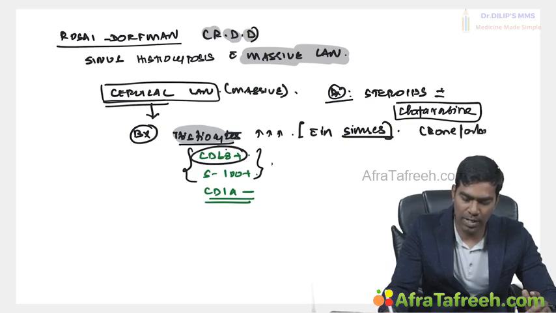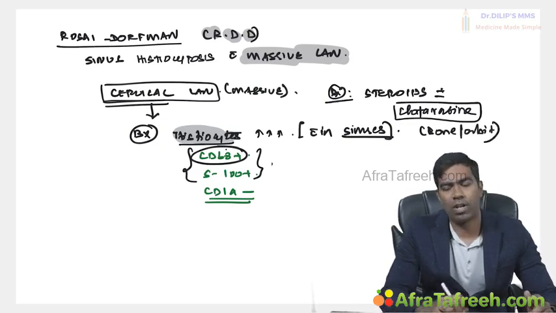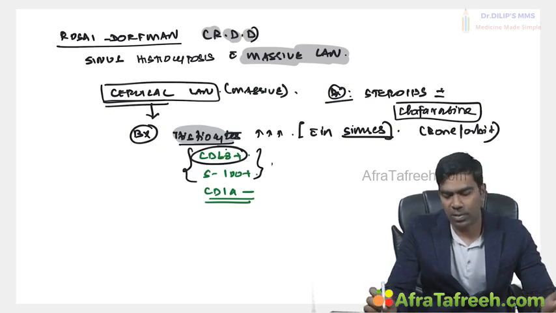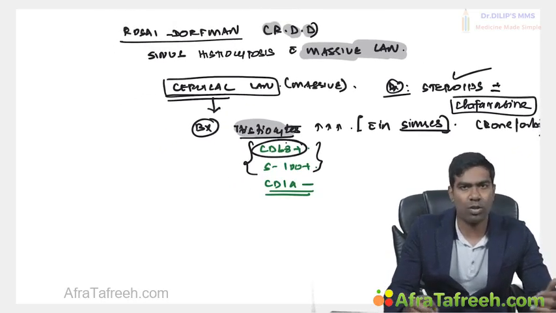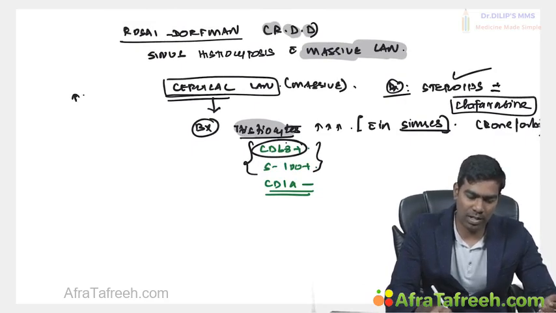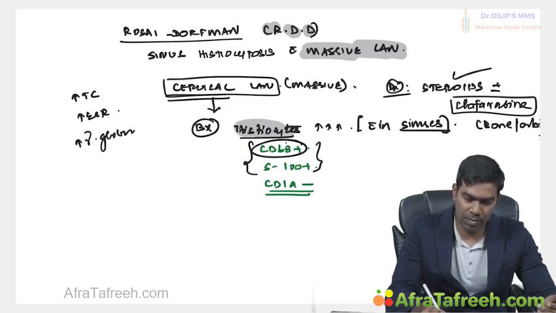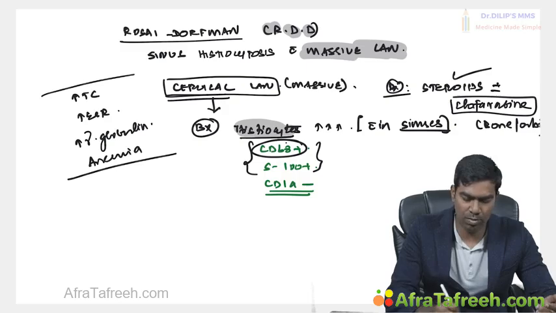For bone and orbit lesions, you can use clofarabine, but apart from that, you are not going to use it. Only steroids are more than enough most of the time. Rosai-Dorfman disease may also have other features like leukocytosis, elevated erythrocyte sedimentation rate, hypergammaglobulinemia, which will typically be polyclonal, and the patient may have anemia. All these things are also possible in Rosai-Dorfman.